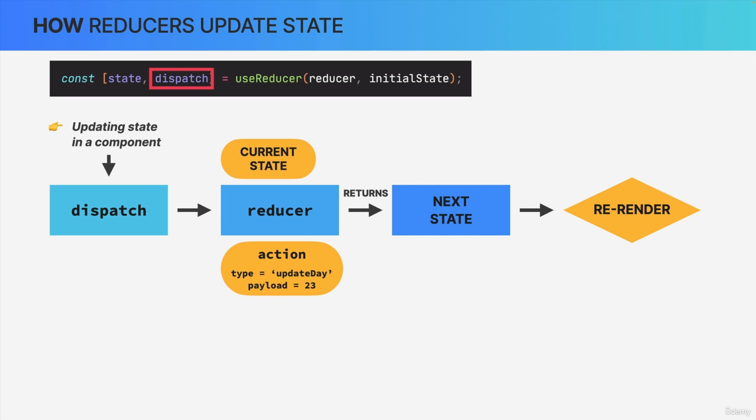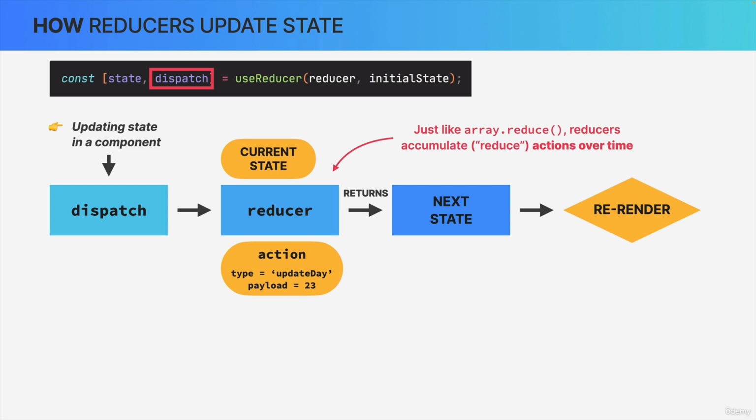Now, if you're wondering why the reducer function is actually called a reducer, the answer is that it follows the exact same idea as the array reduce method. So just like the reduce method accumulates all array values into one single value, the React reducer accumulates all actions into one single state over time.